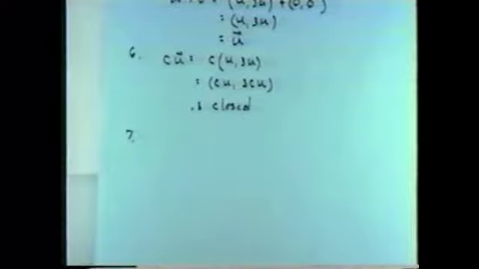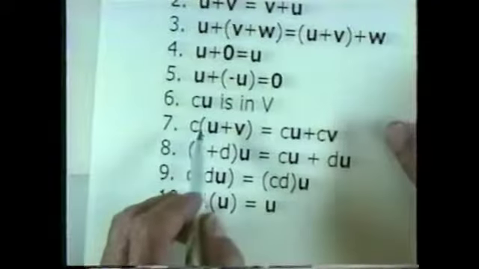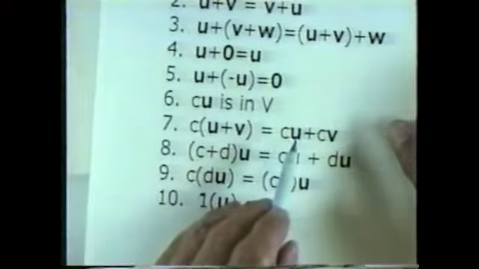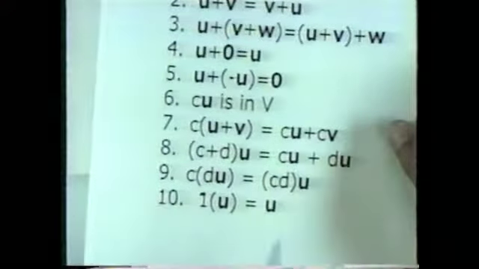Property 7, we've got to show that c times (u plus v) is equal to cu plus cv.